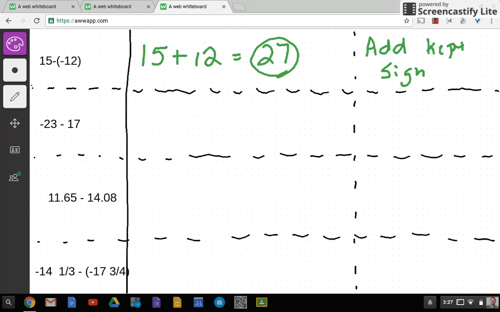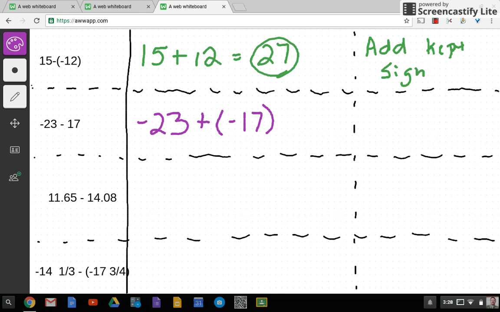Negative 23 minus 17. Now this problem right here, this messes people up a lot, but if you write it as an addition problem, it's much, much easier. So I keep negative 23. I change the sign from subtraction to addition, and the number back there is 17. So I'm going to change that to a negative 17. And what I see is what I was meant to see all along.